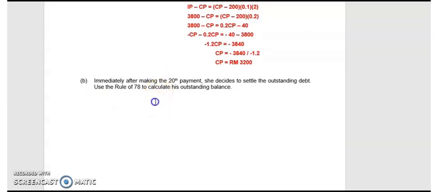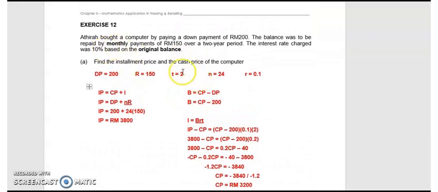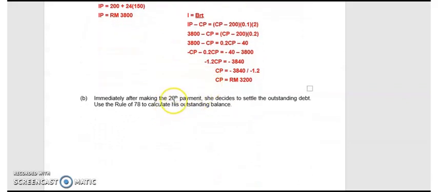Okay, immediately after making the 20th payment, she decides to settle the outstanding debt. Okay, use the rule of 78 to calculate her outstanding balance. So just now, Atira needed to pay for 24 months, which is equivalent to 2 years. After making the 20th payment, meaning another 4 payments, she wants to settle at once, she wants to settle earlier.